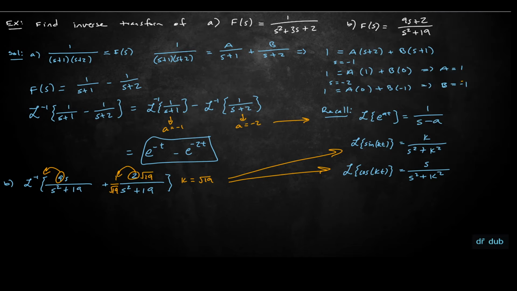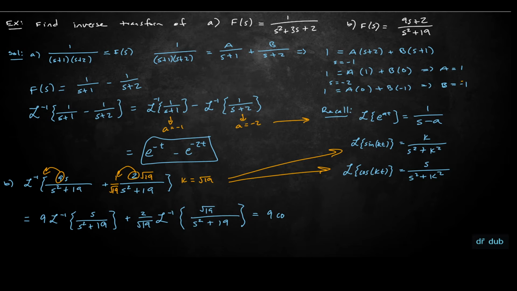And this is going to become 9 times Laplace inverse of s over s squared plus 19 plus 2 over square root of 19 Laplace inverse of square root of 19 over s squared plus 19, which becomes 9 cosine square root of 19t plus 2 over square root of 19 sine square root of 19t.